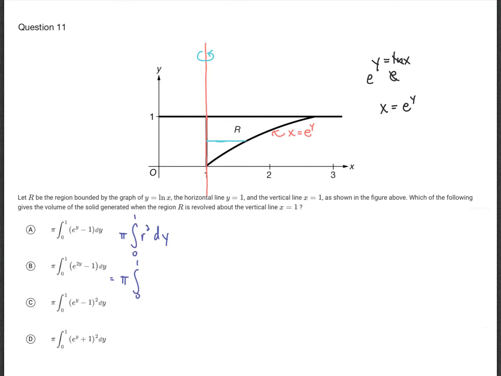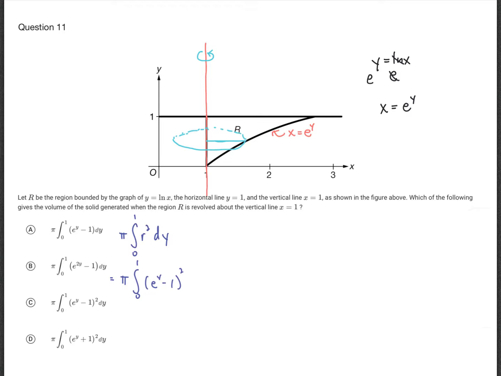Okay, and that'll be our radius. No matter what kind of radius that we're looking at, when we revolve it, this will be the circle that we're looking at. And this radius is the value of this function minus 1, and that gives us the radius. Okay, so the radius is e to the y minus 1.